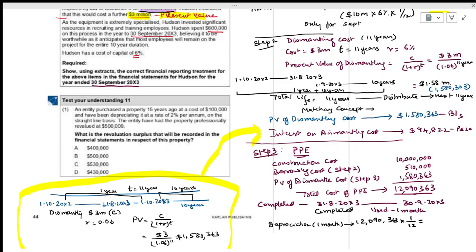Yes, Hussein, how much it comes to? Very quick. I'm depending on you. Yes, Mazin. 10 million? No, dear. 12 million, 12,090,363.